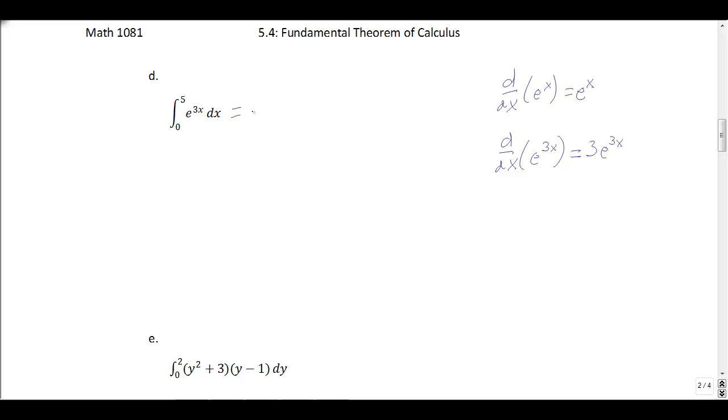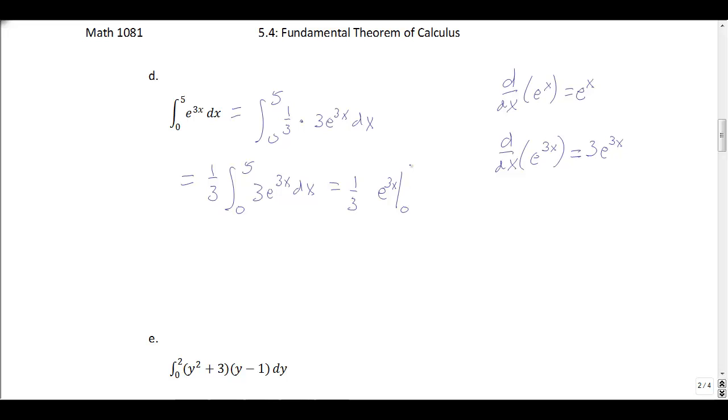So what I could do is rewrite this as an integral from 0 to 5 of 1/3 times 3e to the 3x dx. Then I can pull the 1/3 outside of the integral, 3e to the 3x dx. And then I can use this derivative over here to say this is 1/3 times the antiderivative of 3 times e to the 3x, which is just e to the 3x.